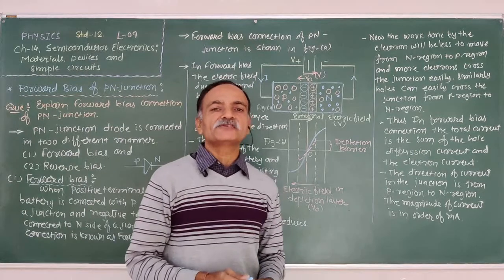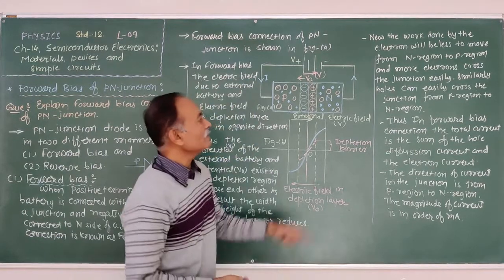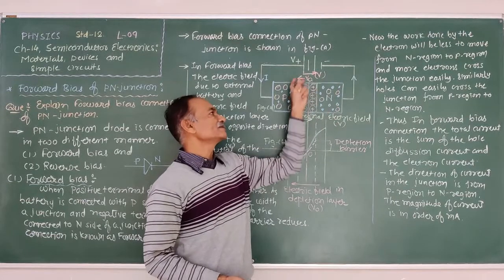During the formation of the PN junction, electrons from the N region diffuse into the P region.